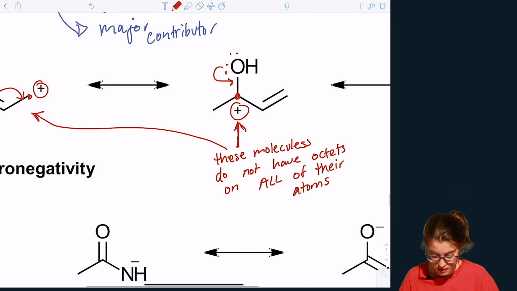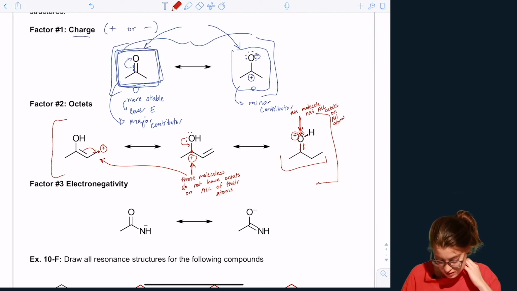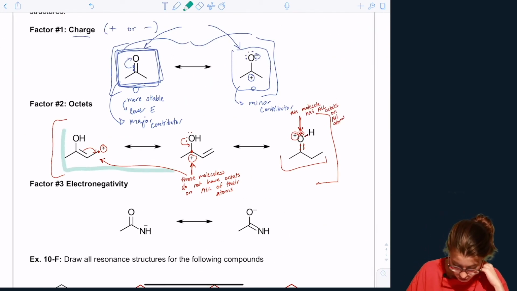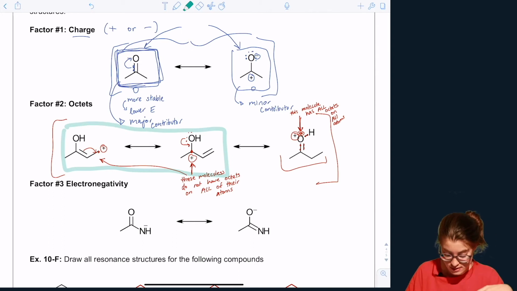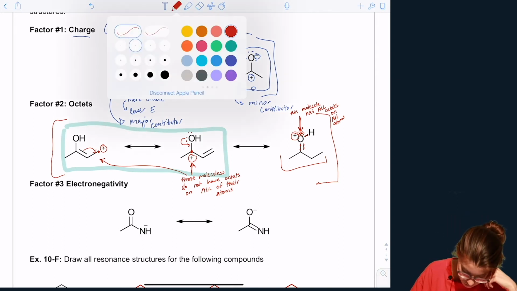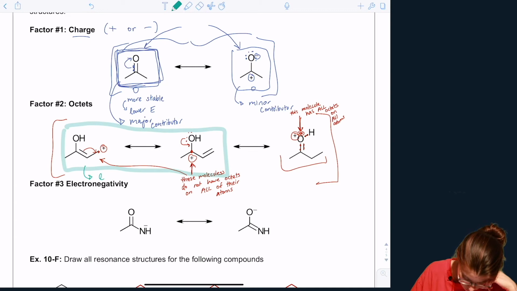Because of that, these two molecules right here are less stable and therefore are minor contributors.